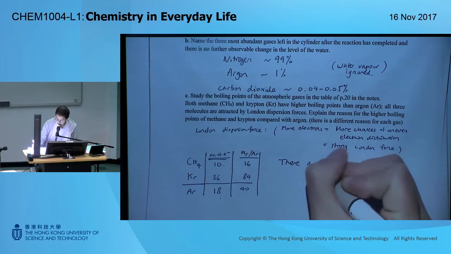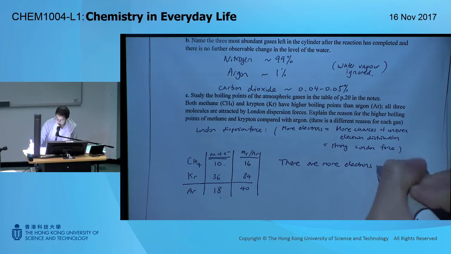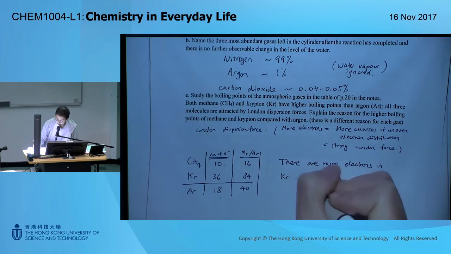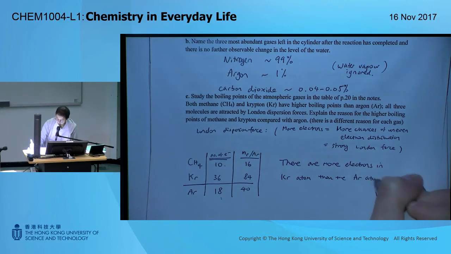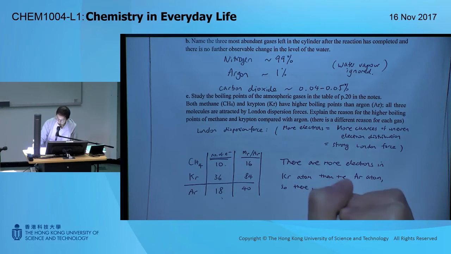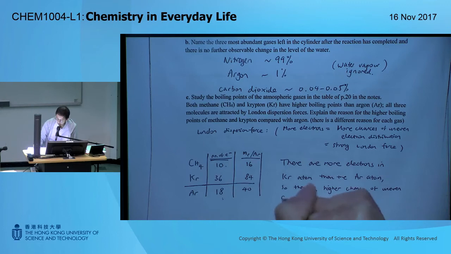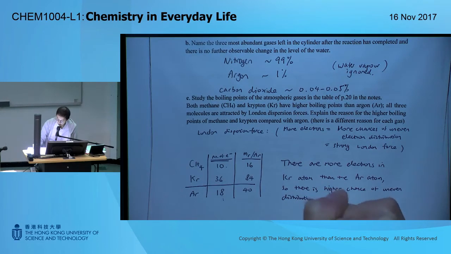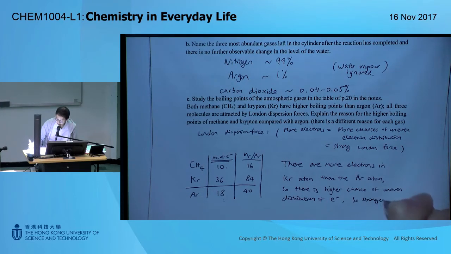So there are more electrons in the krypton atom than the argon atom. So there's a higher chance of uneven distribution of electrons. So stronger London dispersion force.